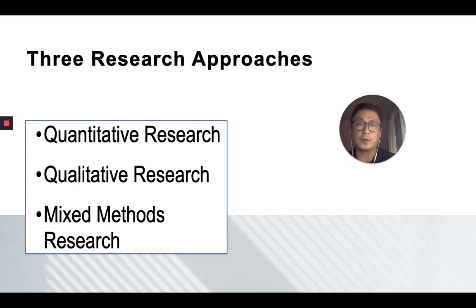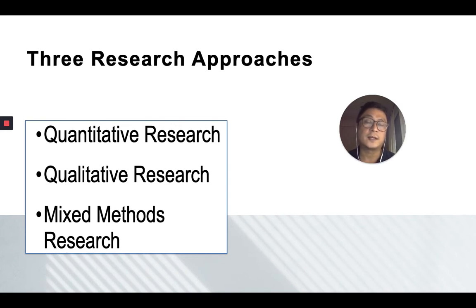Okay? We learned about the three approaches to research: quantitative, qualitative, and mixed methods research. The difference between these three is primarily in terms of what kinds of data result from those methods. Quantitative research, the data is more in the form of numbers that can be analyzed through statistical procedures.